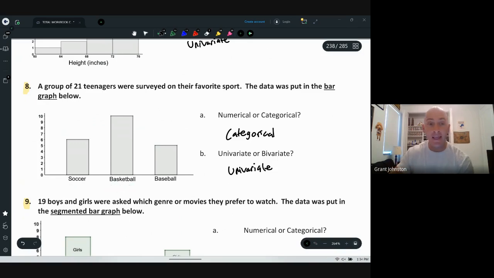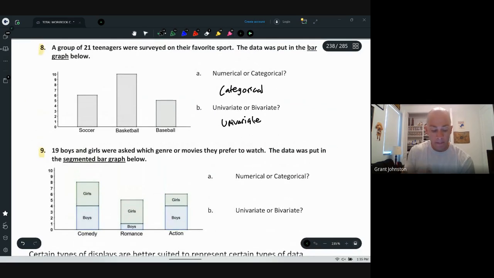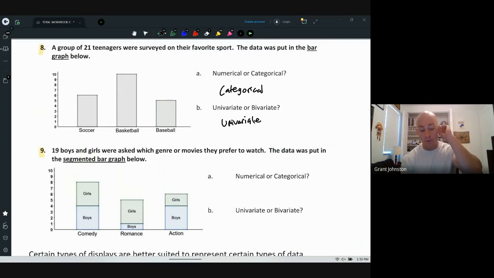Now 9's a lot like 8. It says 19 boys and girls were asked what genre of movies they prefer to watch. So this is in a segmented bar graph. So a bar graph on number 8 is just categorical univariate. This one's still categorical because we're talking about comedy, romance, those are different categories in terms of the genre of movies.